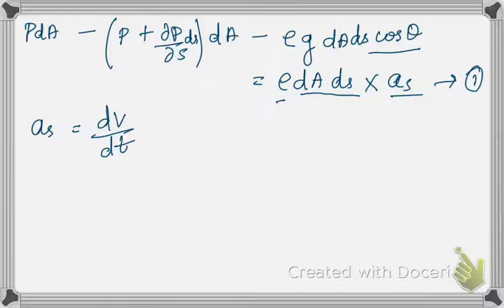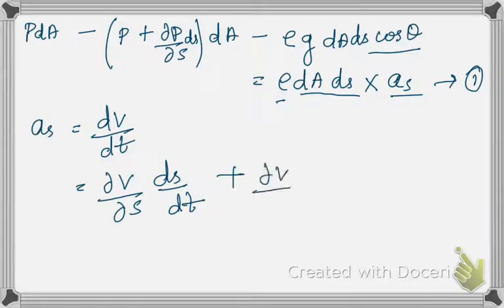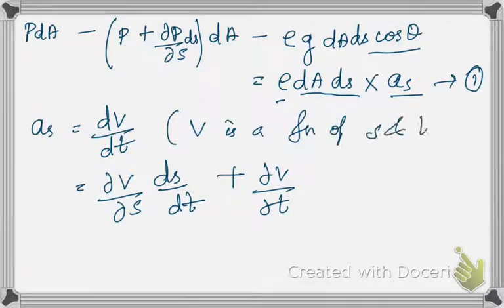So this can be written as dou v by dou s into ds by dt plus dou v by dou t, since v is a function of s and t. So I am splitting and writing it like this.